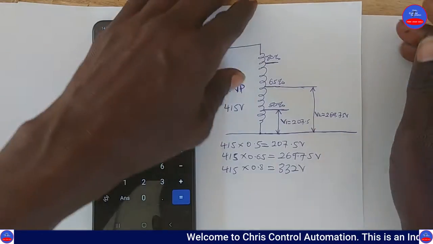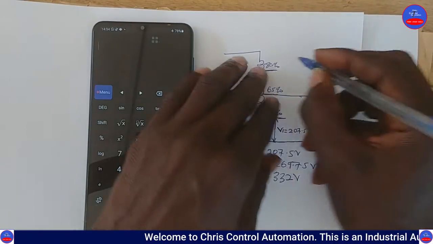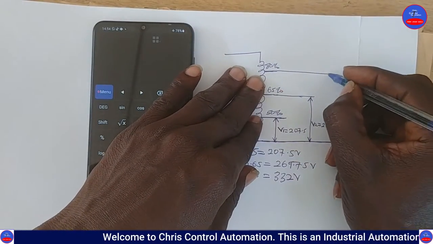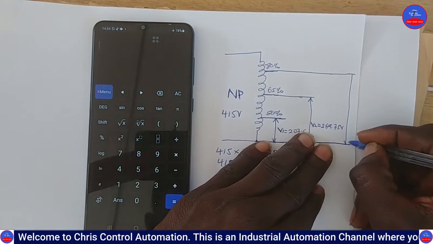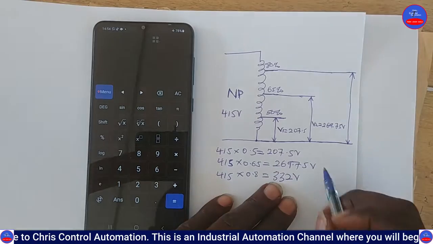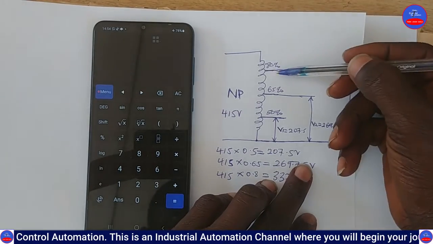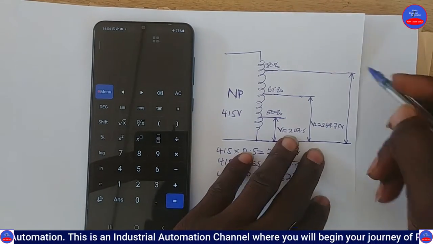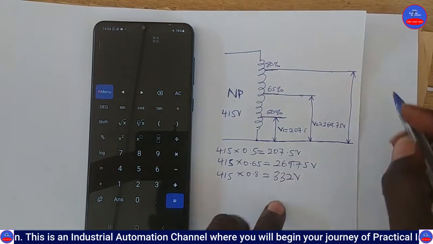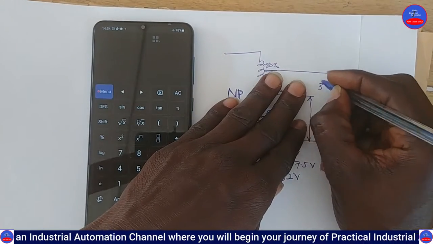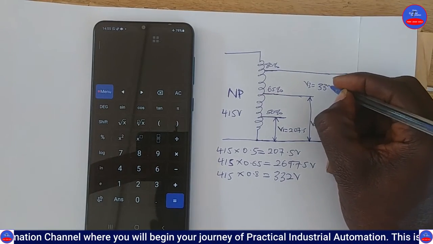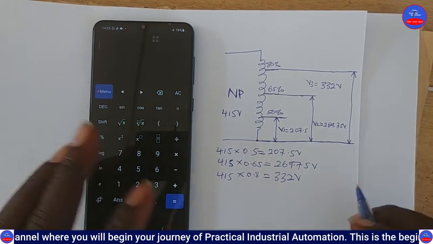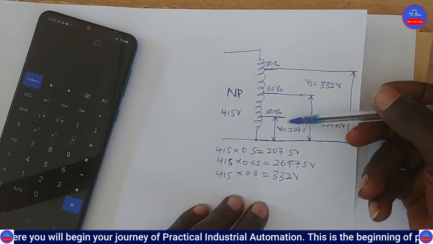And then V3 is between the 80% tapping and the common, so this one will give us 332 volts. V3 is equal to 332 volts. So now these are the secondary tappings.